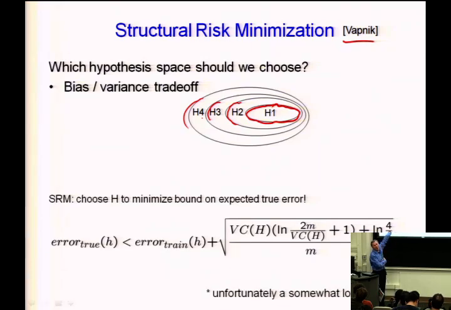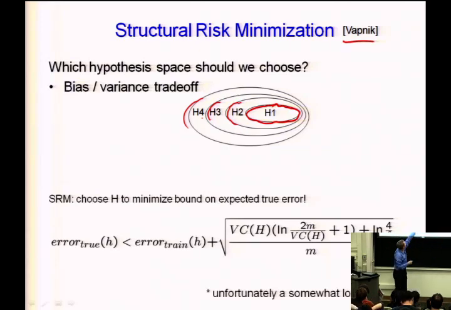Because that's actually a bound on the true error that I'm going to experience in the future on future test data for hypothesis H. I don't necessarily want to minimize just the training error. I want to minimize the training error plus this quantity, which depends on the VC dimension, which depends on how big a space I project up into.